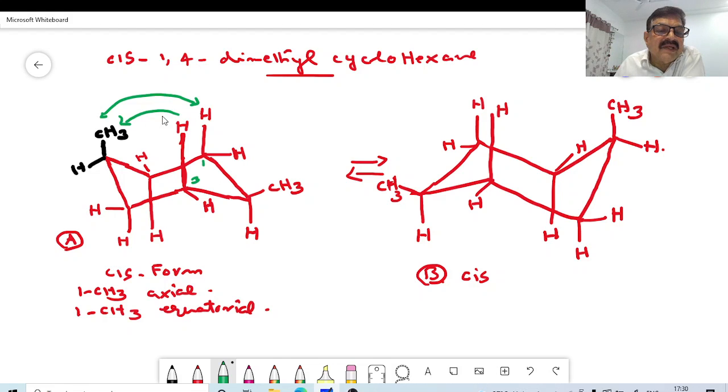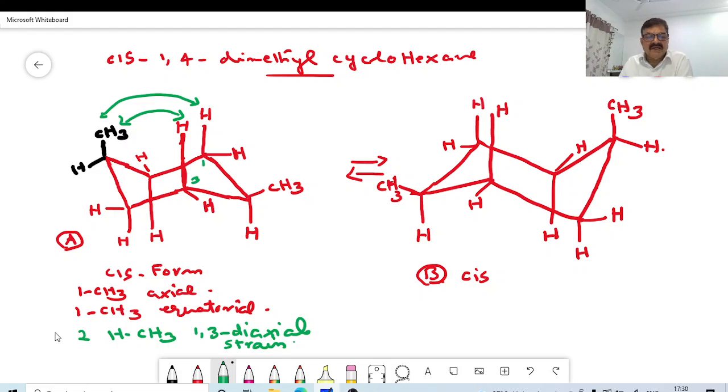When the axial methyl group meets the hydrogen atoms at the 1,3 position, there can be two HCH3 1,3-diaxial strain interactions. It will be there in conformation A.